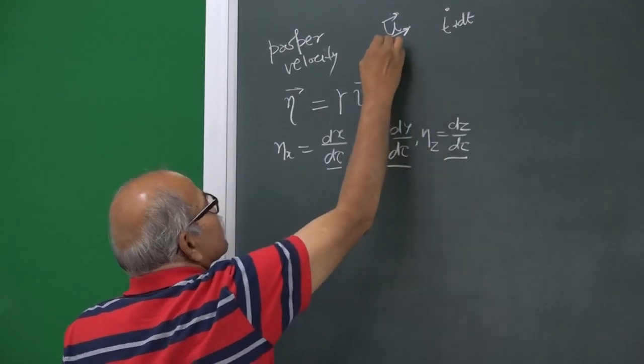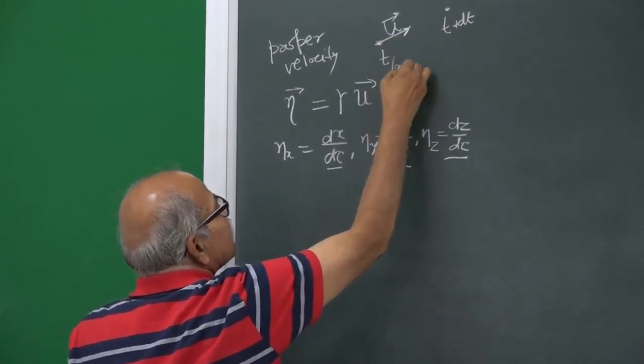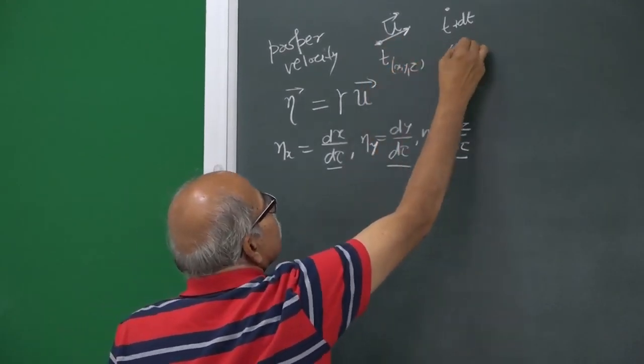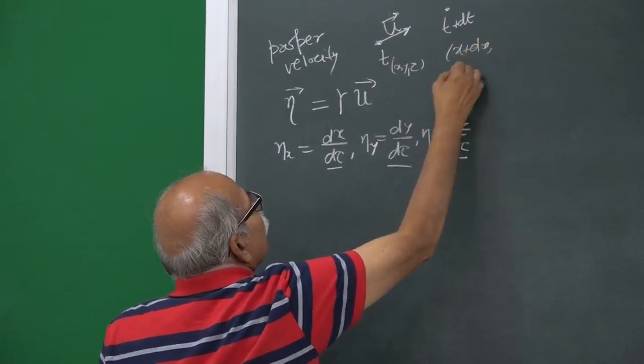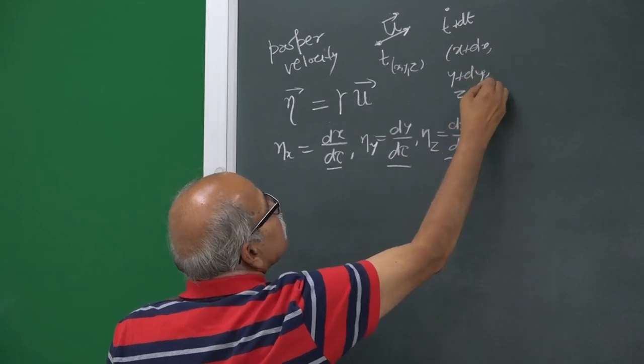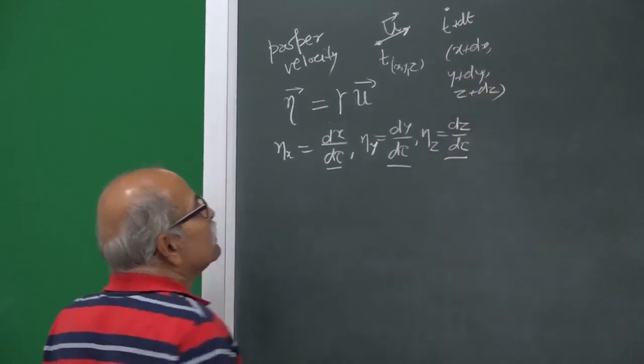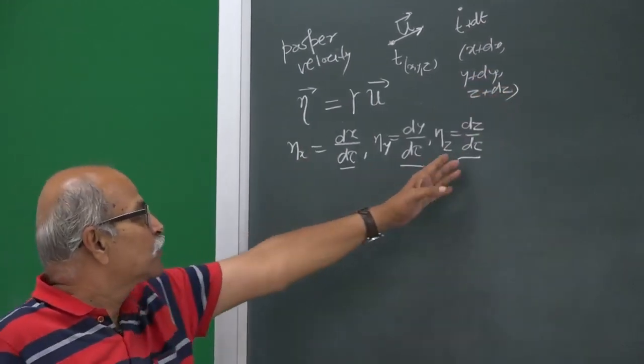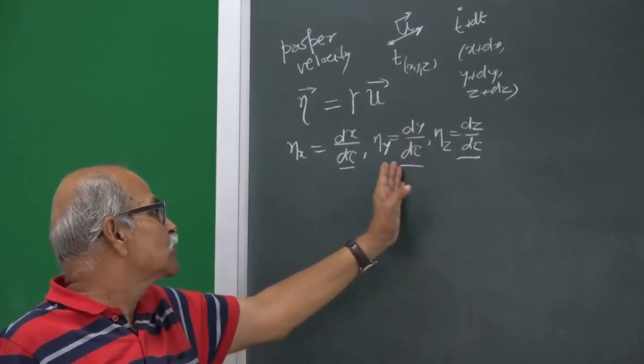This location is x y z and this location is x plus dx, y plus dy, z plus dz. So, these are the two events and this is the proper time interval between these two events.